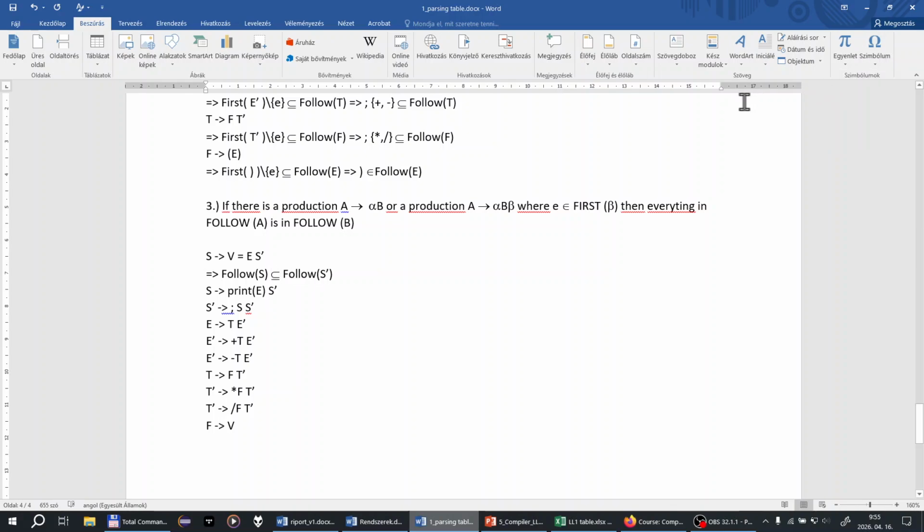So subset, and similarly, since the empty is an element of first S prime, that's why we can eliminate the prime from here, and then follow F S will be a subset of follow E as well.